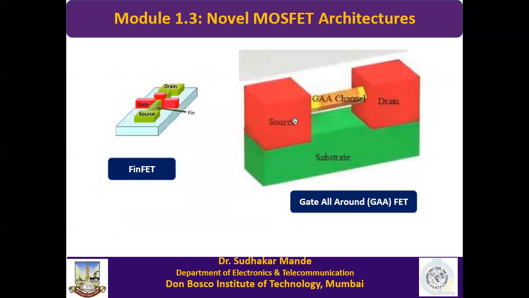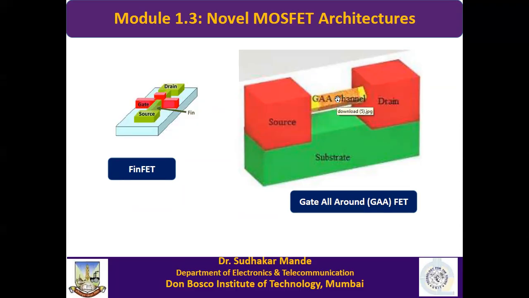Then again, there are limitations of FinFET. This is FinFET, what you see here. It's a double gate MOSFET, as we sometimes call it. Therefore, now instead of having the gate from two sides, can we have the gate all around the channel?